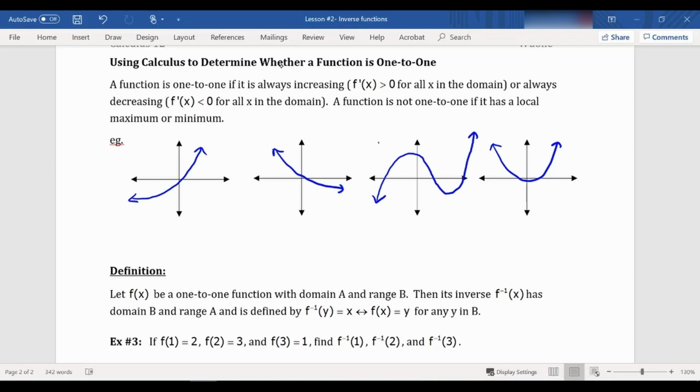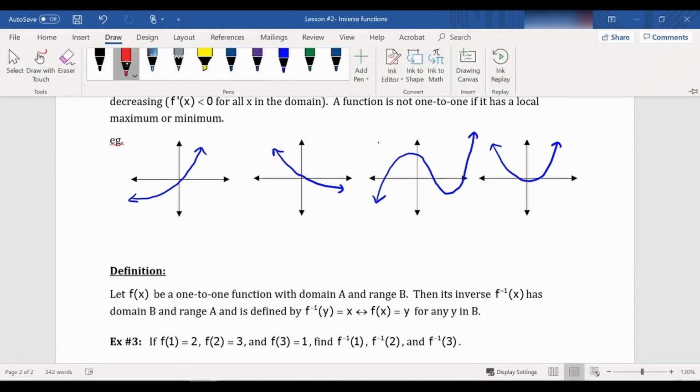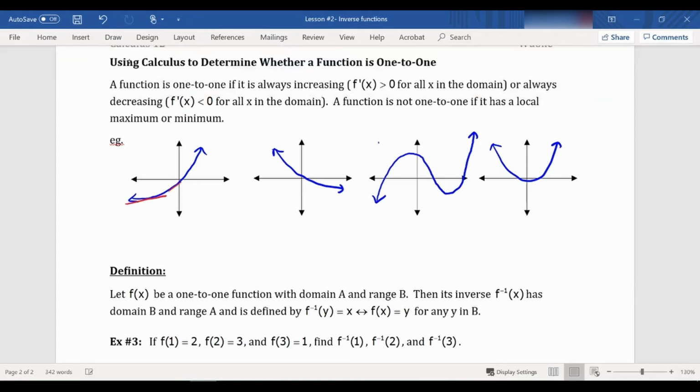If I wanted to draw tangent lines to all these functions, this one has tangent lines that look like this. This guy would have tangent lines that look like this. This one. And you could draw many more than this. I'm just showing some examples.